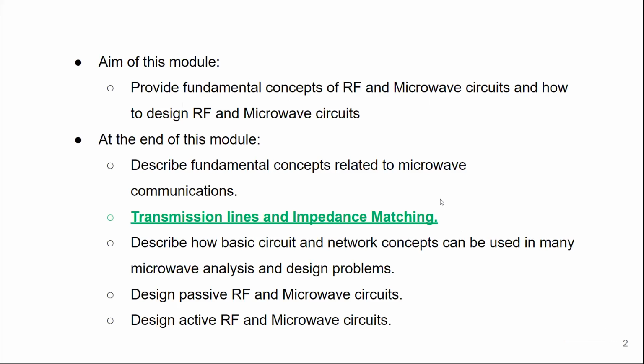Currently we are in the second title of the module, which is transmission lines and impedance matching. From today, we are starting the transmission lines and the theory behind it. Next we will learn about impedance matching. That means how we can connect, for example, transmission lines to loads, and how we can minimize the energy loss when we connect them to a certain load.